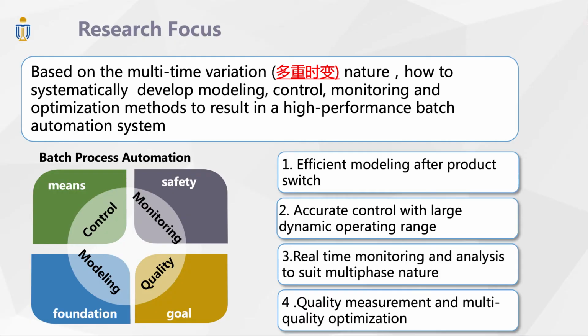So the batch process research is based on the so-called multi-time variation nature. How do we systematically develop modeling, control, monitoring, and optimization to result in a so-called high performance batch automation system? For a high performance batch automation system, we have these 4 blocks to be addressed.